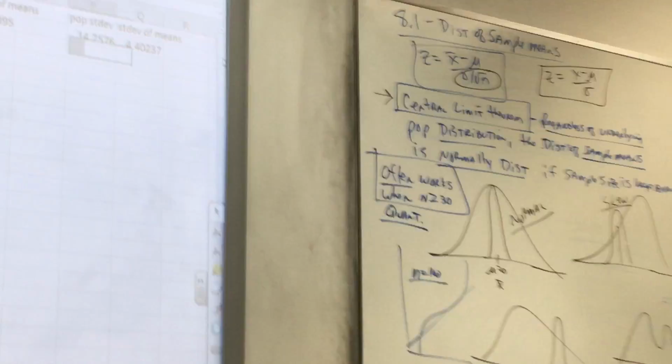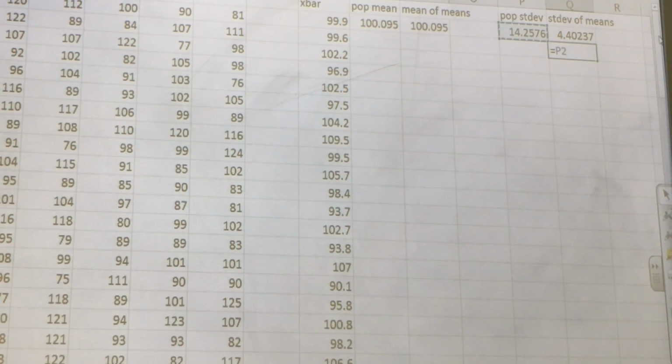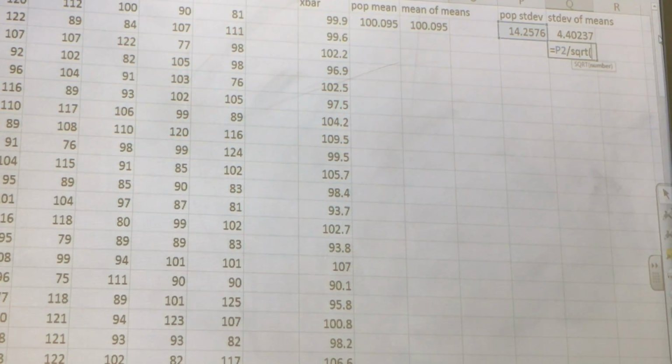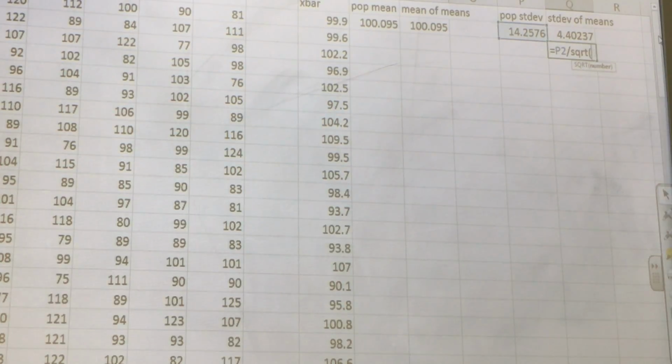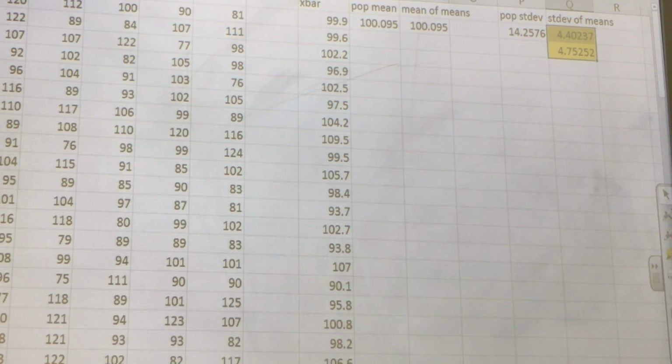So if I take my population standard deviation and divide it by the square root, each row is a sample size of 9. So if I take this and divide it by the square root of 9, these two values are pretty close. They're not exactly the same, but they're close.